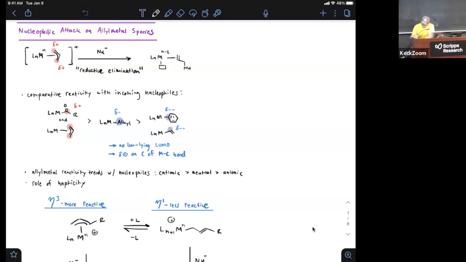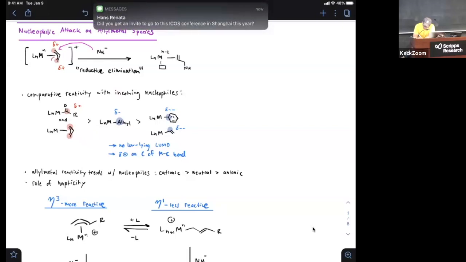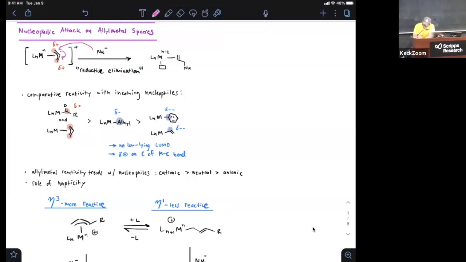And this process, if you push electrons, you'll see what happens here is we're essentially attacking this electrophilic carbon, pushing electrons on to regenerate an alkene, and also reducing the oxidation state of the metal. And so this can be thought of as a reductive elimination. In some cases, it is truly an inner sphere type reductive elimination. We'll talk about this mechanistic dichotomy.